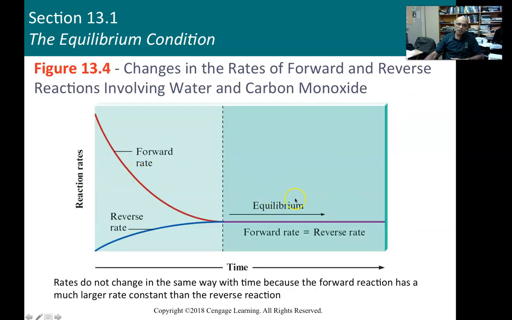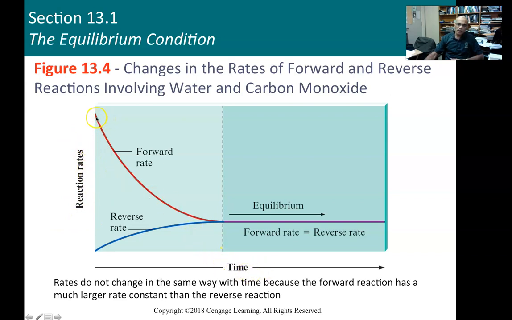Now, before it reaches equilibrium, we should note the following: as it progresses to equilibrium, this is the rate that is demonstrated. So I'm using a different plot here. This is the reaction rate, and that is the time.